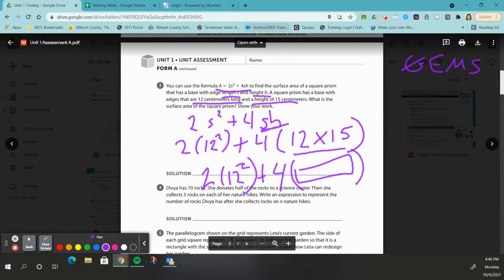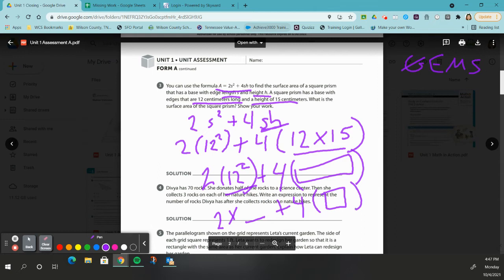Now you want to do your exponents, which in this case is going to be 12 squared. So you will have 2 times whatever 12 squared is, plus 4 times whatever 12 times 15 was. From there, you're going to multiply and then add.